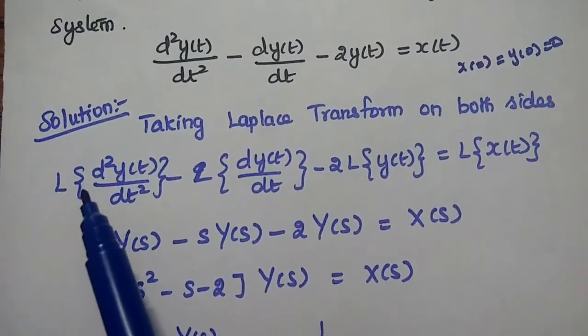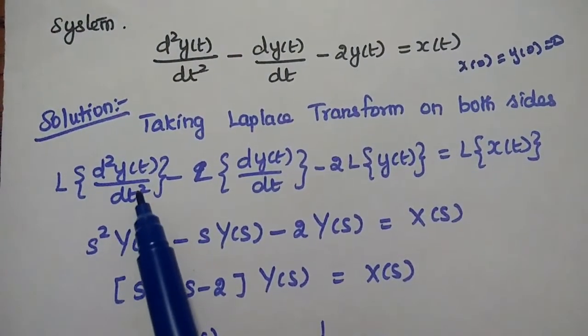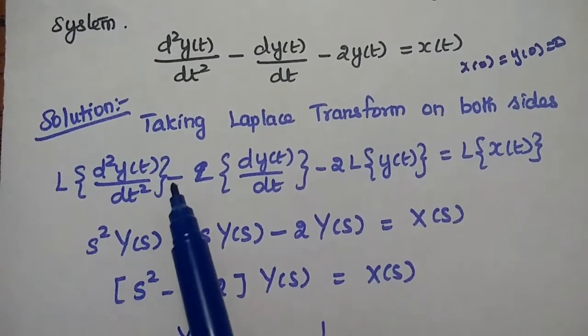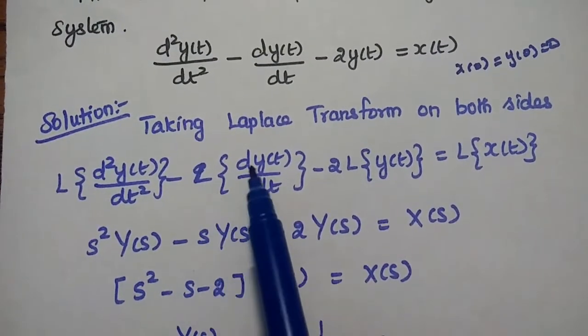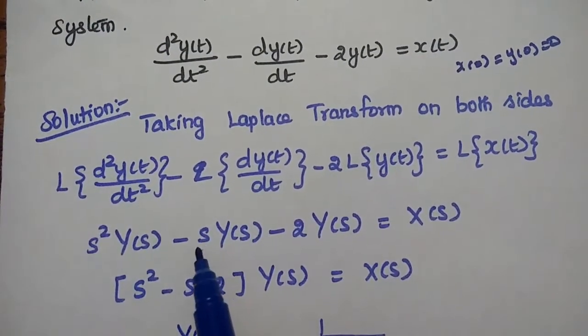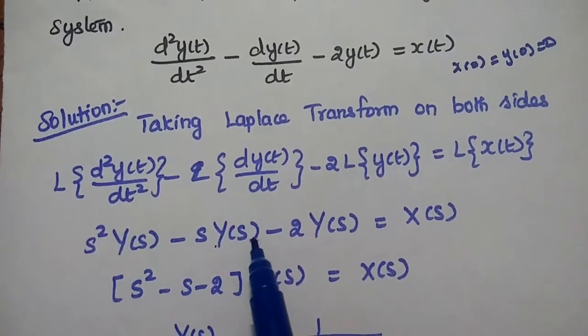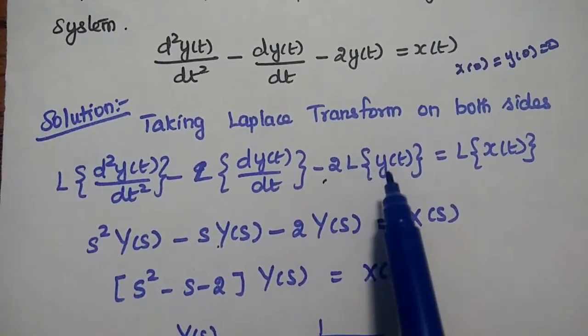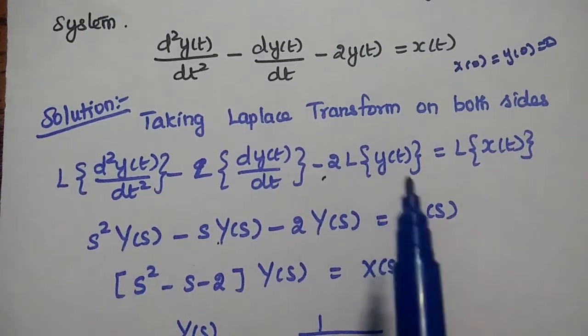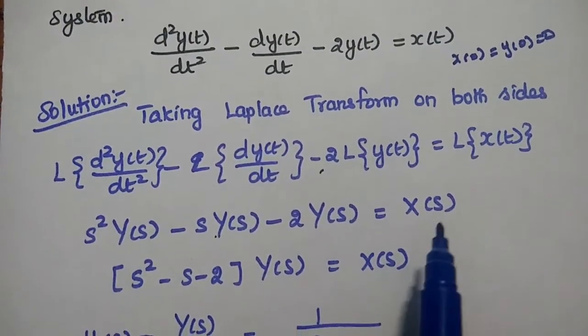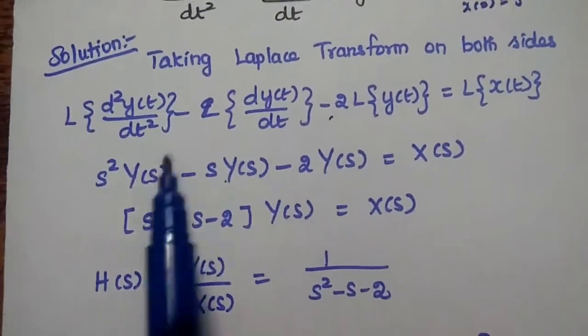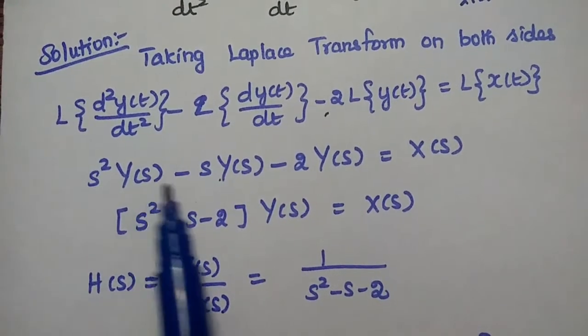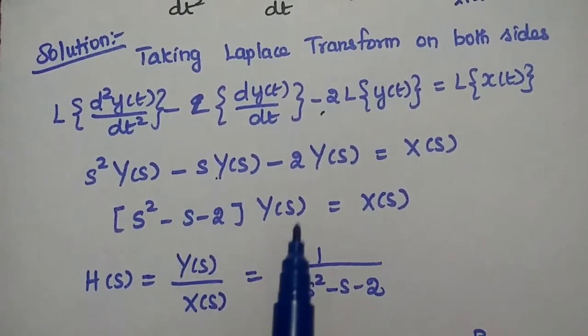The Laplace transform of d squared y of t by dt squared is s squared Y of s. The Laplace transform of dy of t by dt is s Y of s, with a minus sign, and here it is minus 2 Y of s. The Laplace transform of y of t is Y of s, and that is equal to X of s. On the left hand side Y of s is common, so we take it outside.